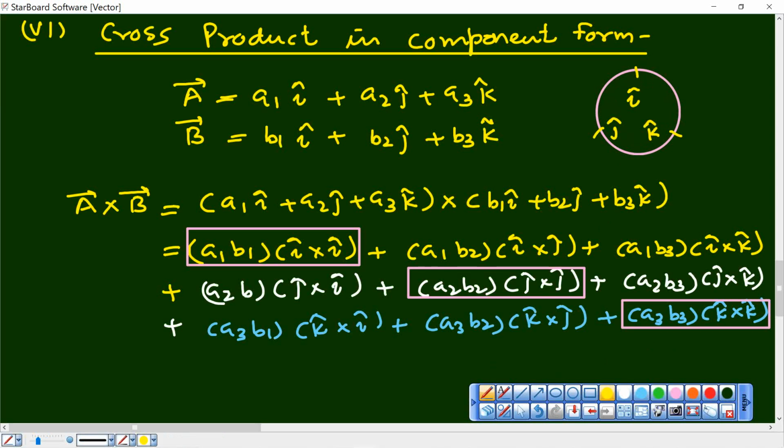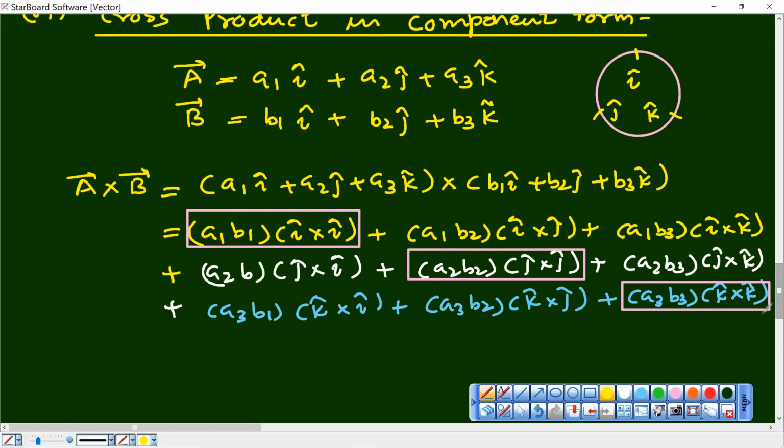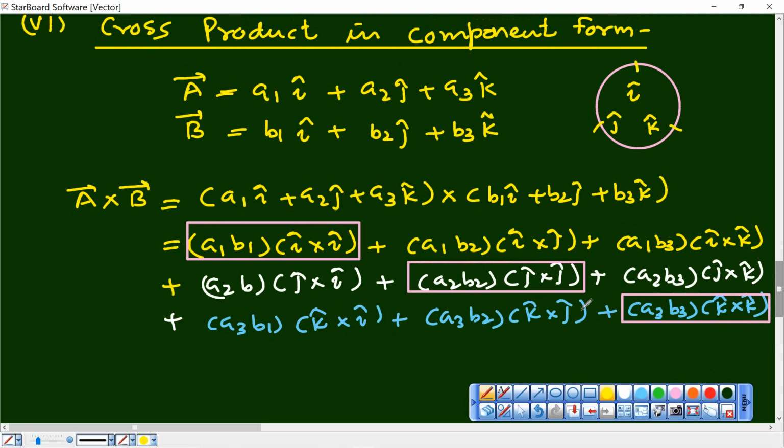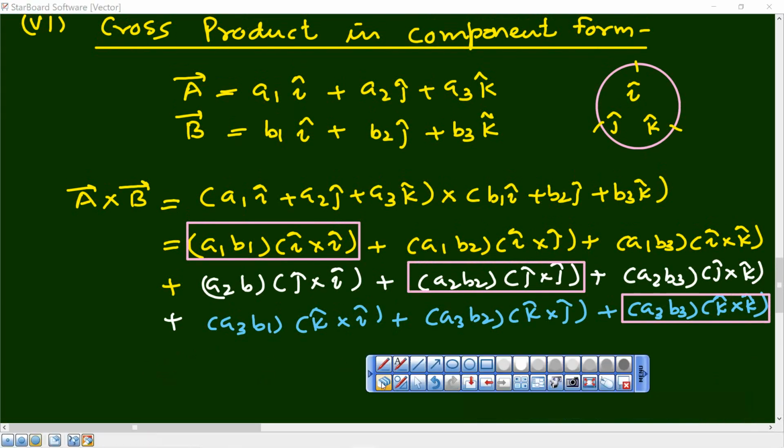Whenever I travel from the first vector to the second vector in the anti-clockwise manner, the answer will be plus sign third vector. And whenever I travel from the first vector to the second vector in the clockwise fashion, it is minus sign third vector. It is convenient for you because I have made the wheel again on the same page. So any one of you can speak out what it would be.